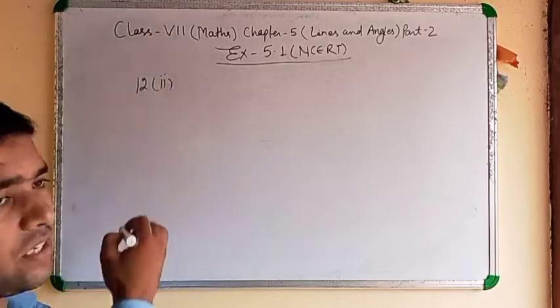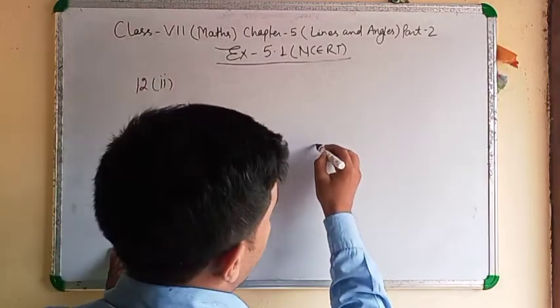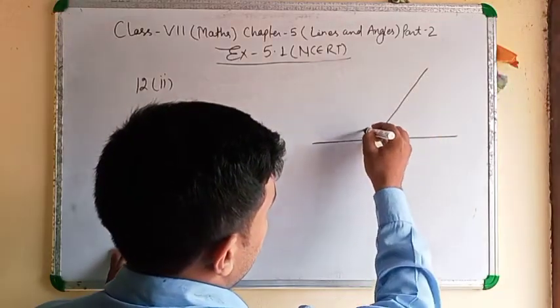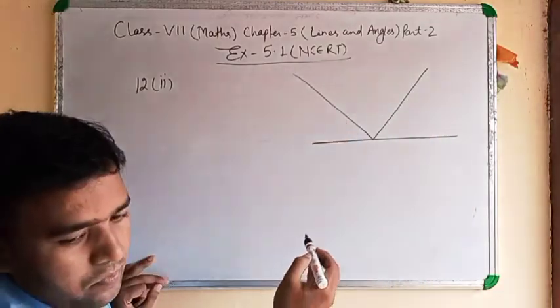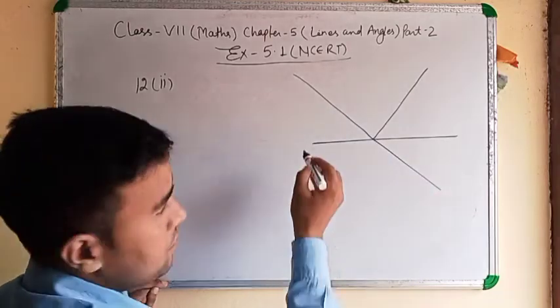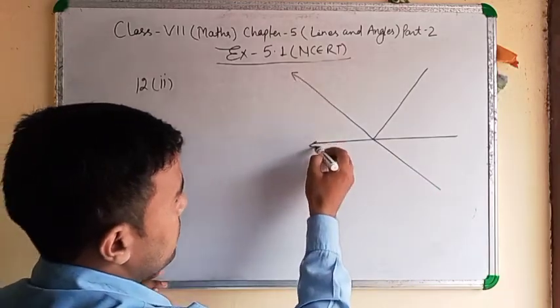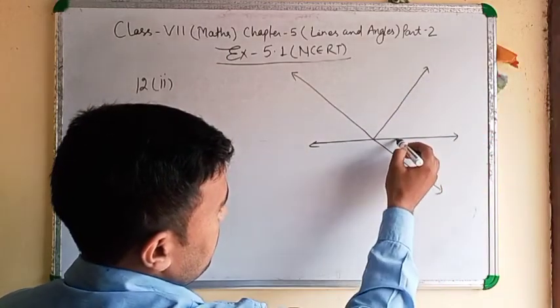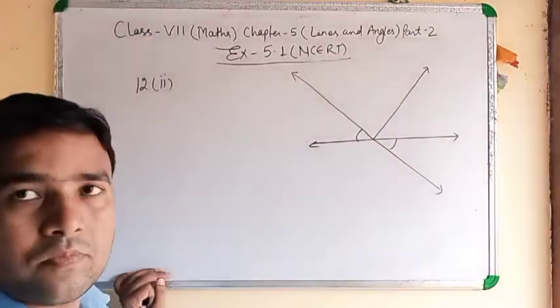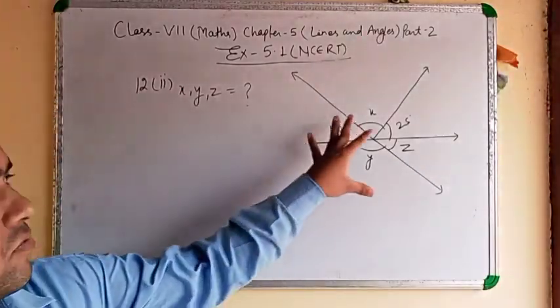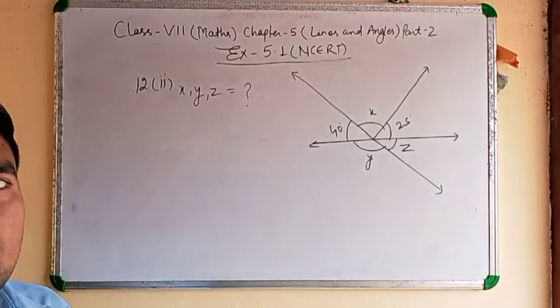Question number 12, second part. Clear? In this question, 12 second part, a figure is given asking to find the value of x, y, z.